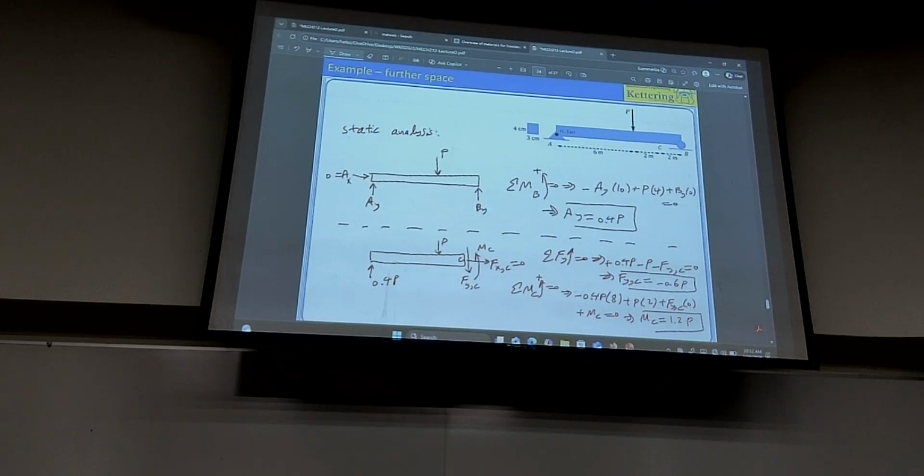Shouldn't FYC be 0.4? 0.4 minus 1 here, right? So it's 0.6 P, because 0.4 and then 1 here. Okay.